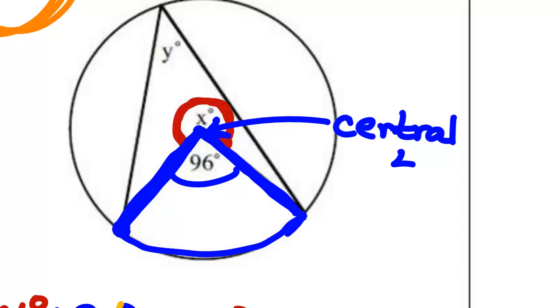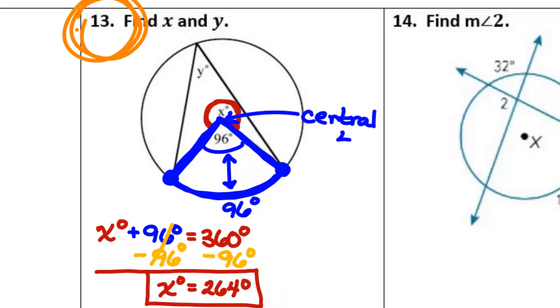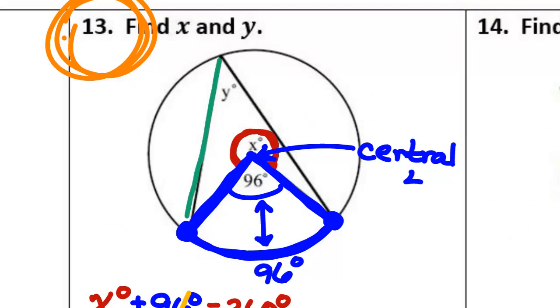So how big would this arc right here be that it is intercepting? 96 degrees, yes. A central angle and its arc will have the exact same measurement. We need to find the measurement of angle y here.